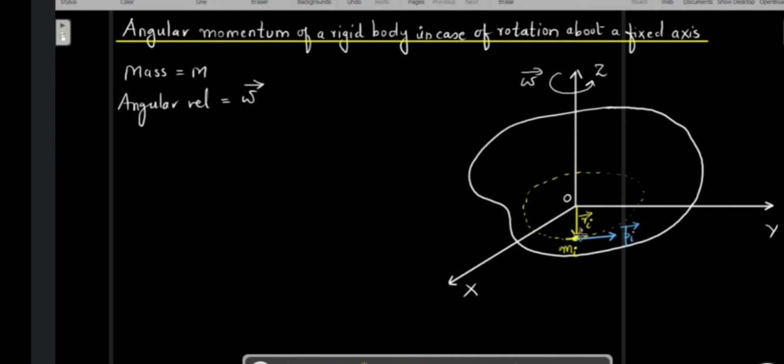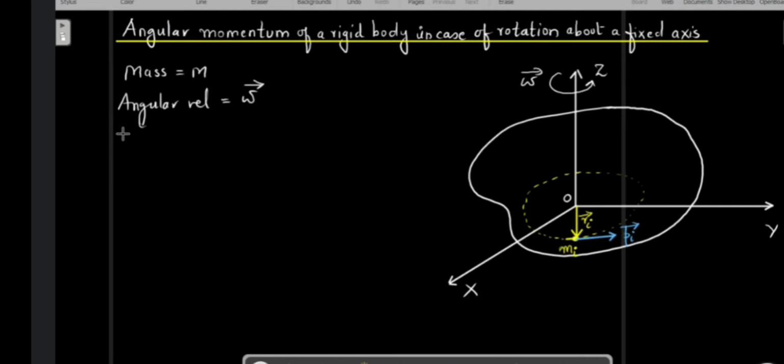So the angular momentum of this element will be given by what? So I have taken the position vector as Ri and the mass, which I will write separately for the element.